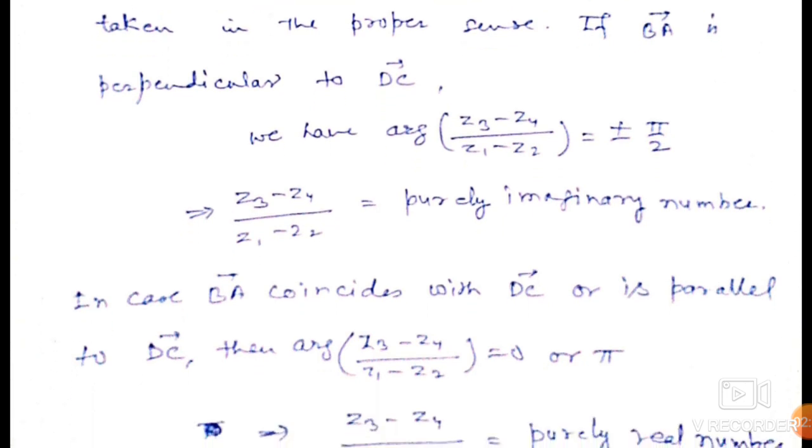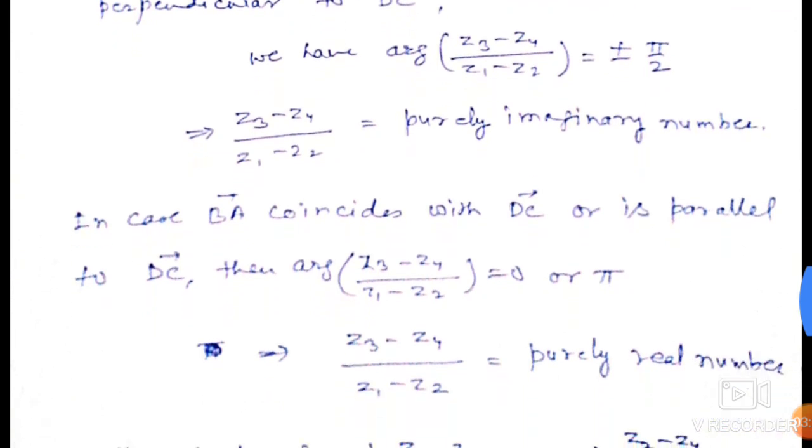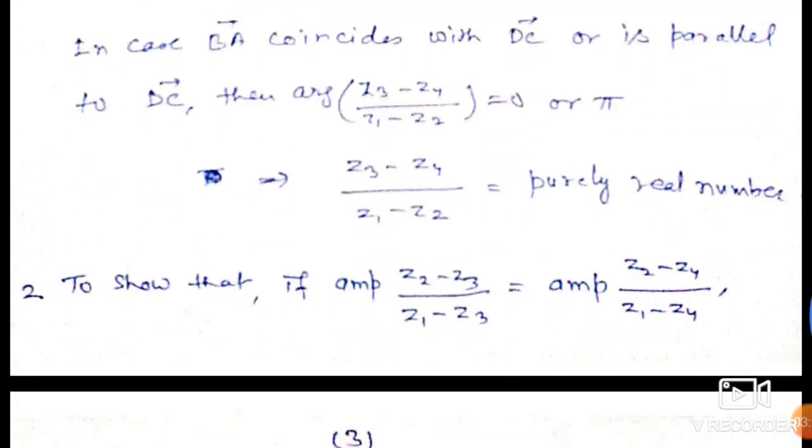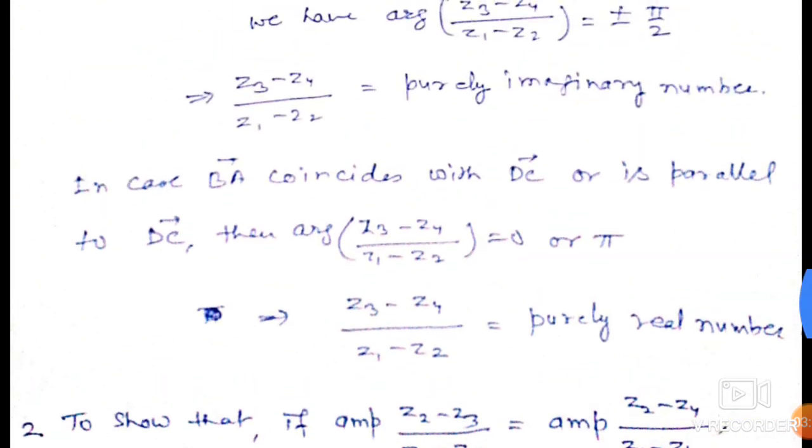If vector BA is perpendicular to vector DC, we have argument of Z3 minus Z4 over Z1 minus Z2 equal to plus minus pi by 2, which implies Z3 minus Z4 over Z1 minus Z2 is a purely imaginary number.